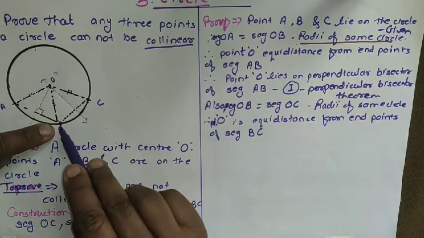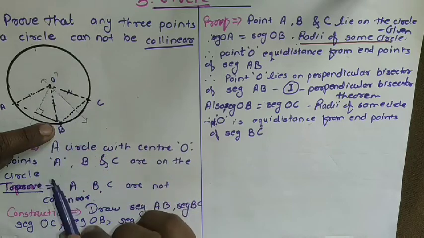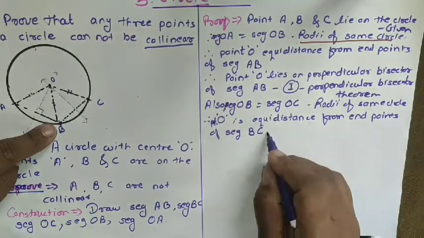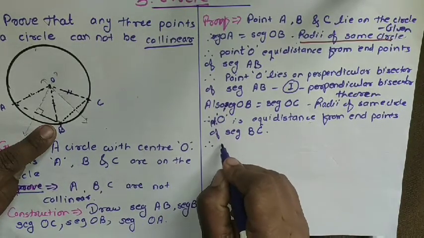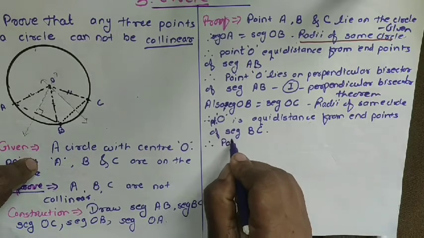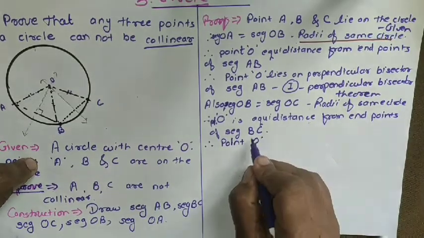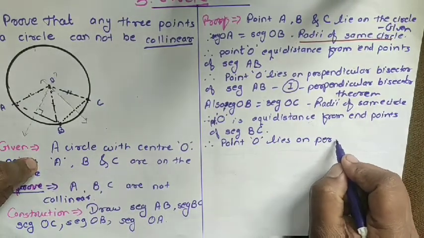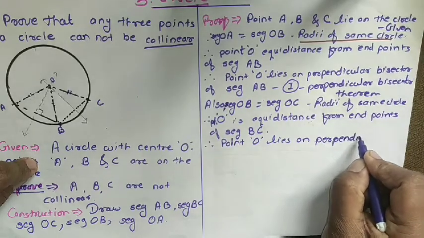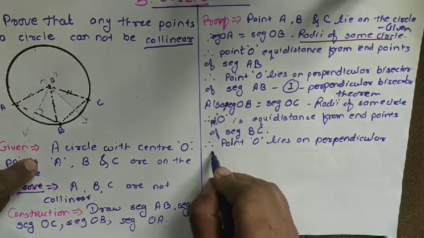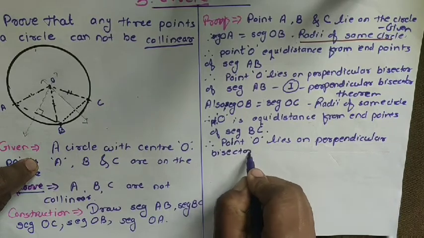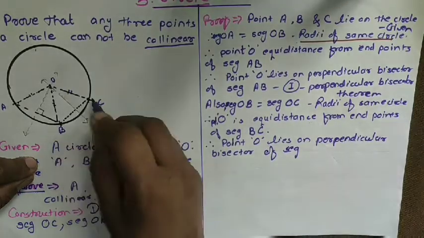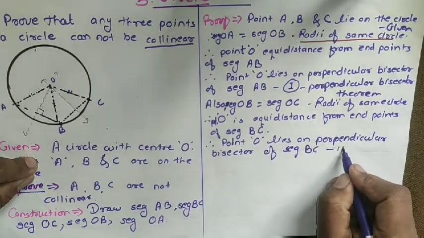Which are the endpoints of seg BC? B and C. So O lies on the perpendicular bisector. Therefore we write: point O lies on the perpendicular bisector of seg BC, and that is my second statement.